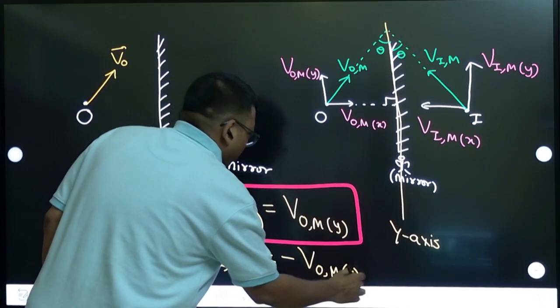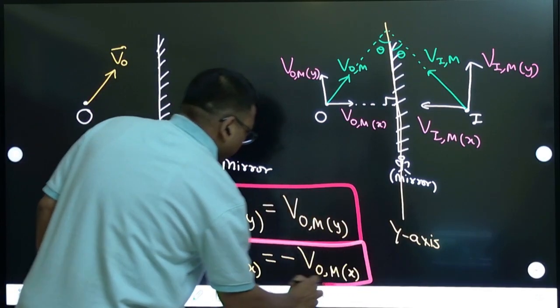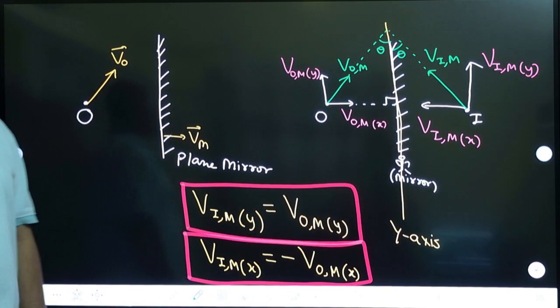There is no doubt in this. This always remains the same. But what changes is only the x component, which is perpendicular to the mirror. The x component of velocity of image with respect to mirror is going to be minus the x component of velocity of object with respect to mirror. So in the x component, a minus sign comes in this formula. That is what we need to note.